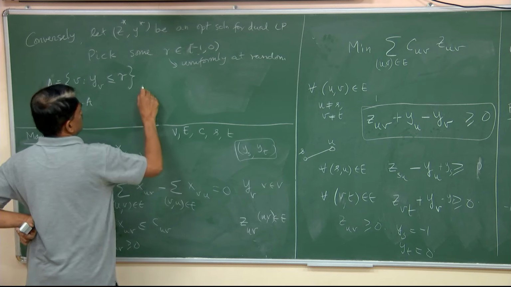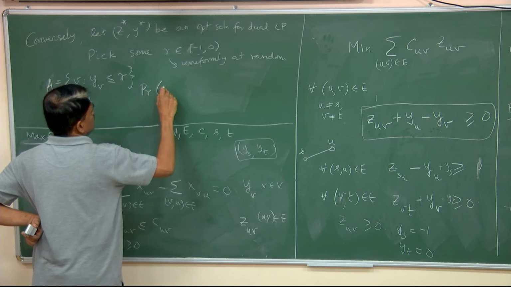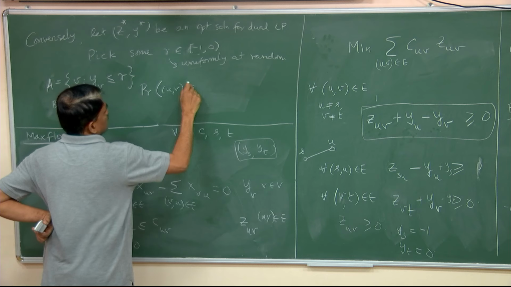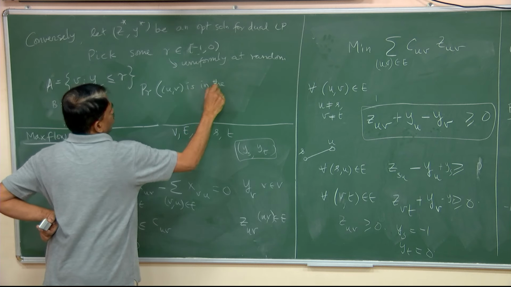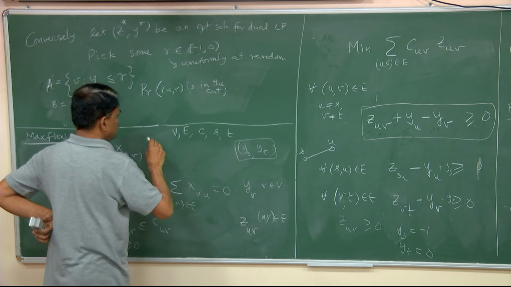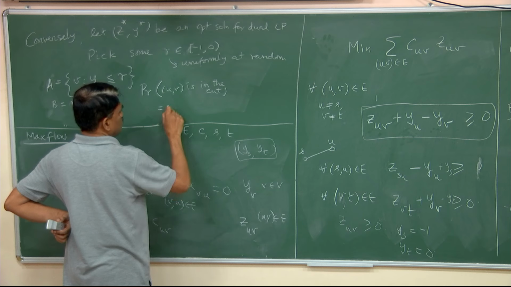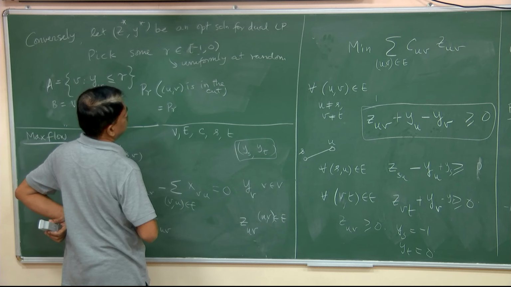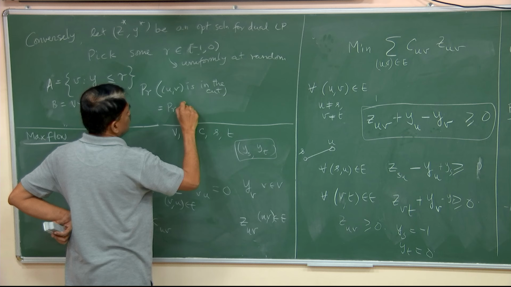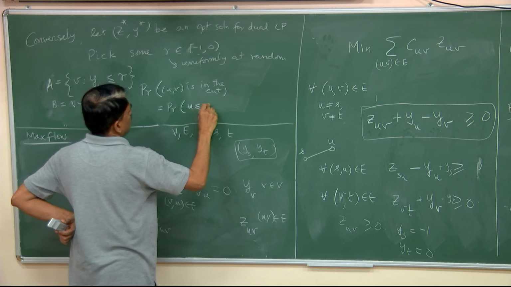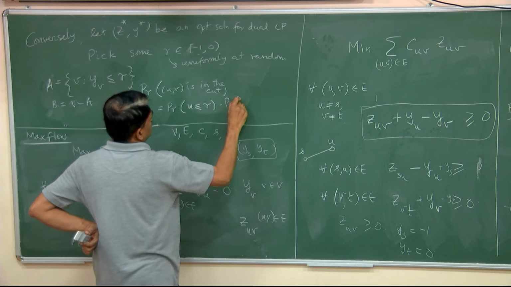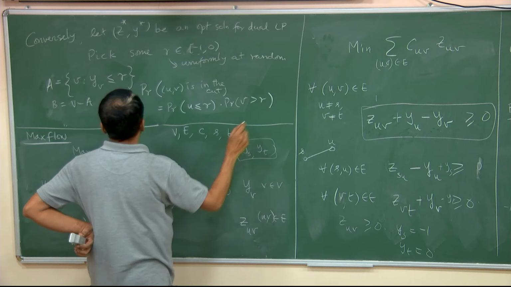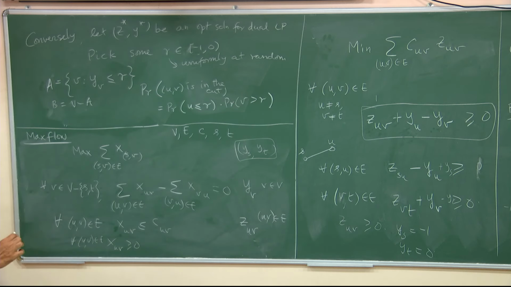The probability that an edge UV is in the cut is equal to the probability that, so it's a directed edge, that yU is less than or equal to R times the probability that yV is greater than R. Right?